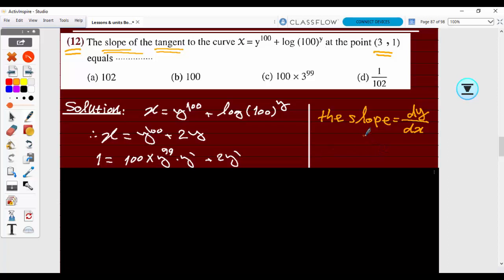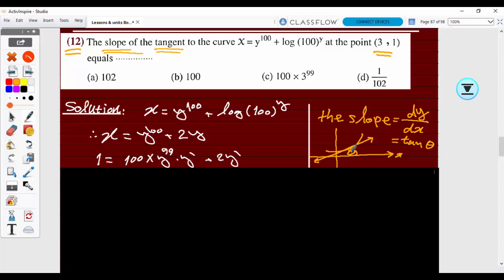If you have a curve like this, the slope of this tangent, this straight line, equals dy/dx, also equals tan theta. Theta is the inclination angle of the tangent to the positive direction of the x-axis.